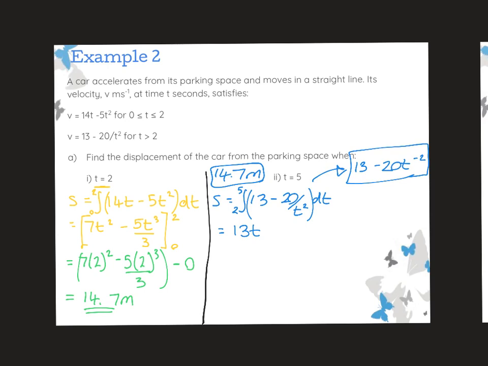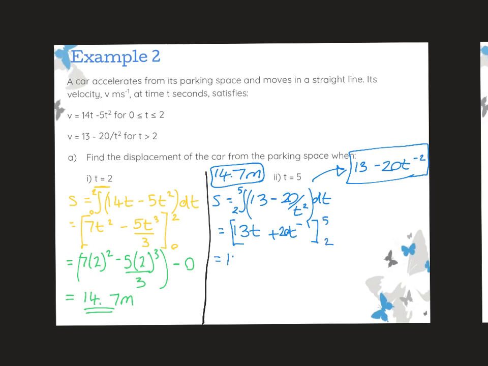I just find it easier with the powers, because now I know it's easy to add 1 to minus 2. So it's going to be positive 20t to the power of minus 1, because you're timesing the negative by negative 1. And then your limits, again, 5 and 2.